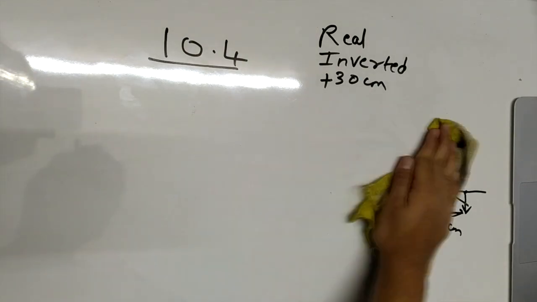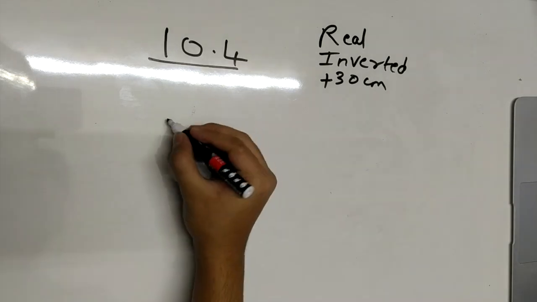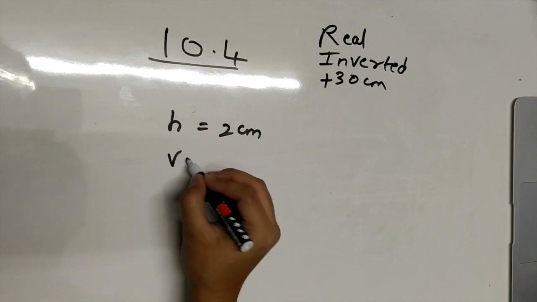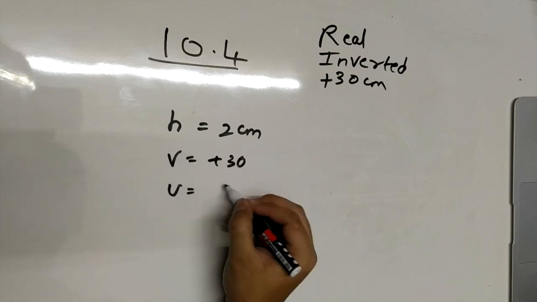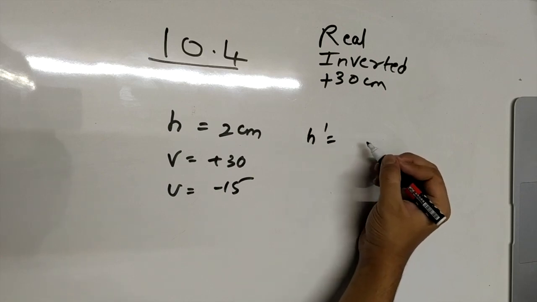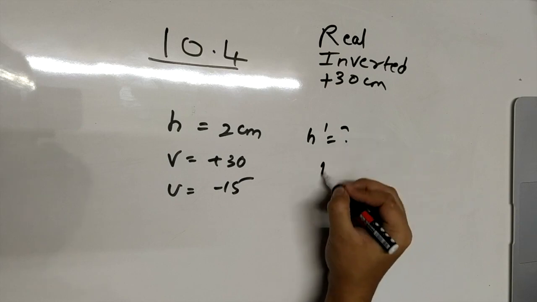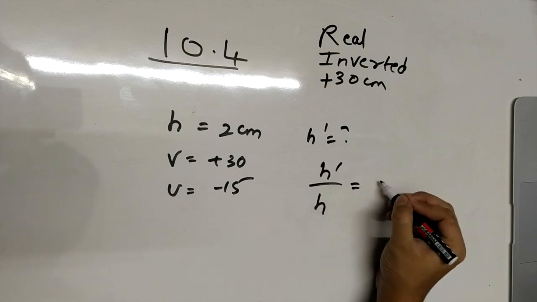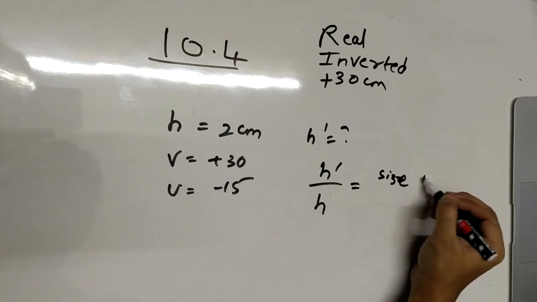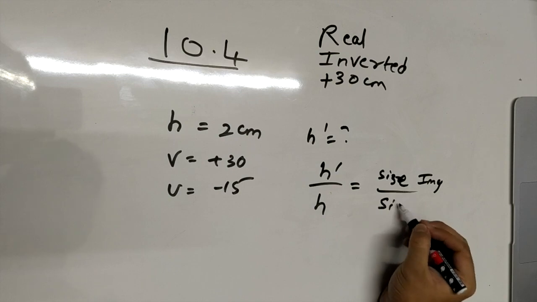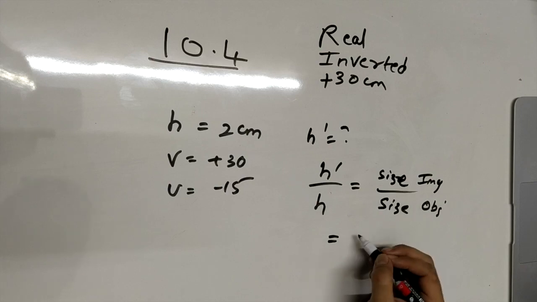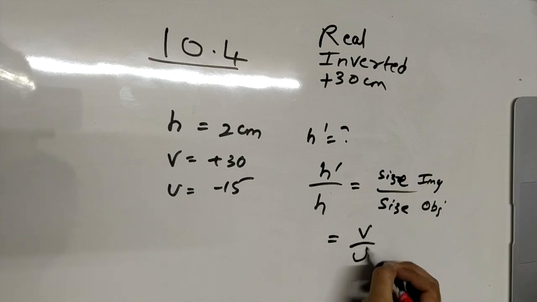Now they are asking for the size of the image. The size of the object they have given as 2 centimeters, and we know V is plus 30, U is minus 15. The formula is h dash by h, which is size of image by size of object, is equal to V by U. Correct?